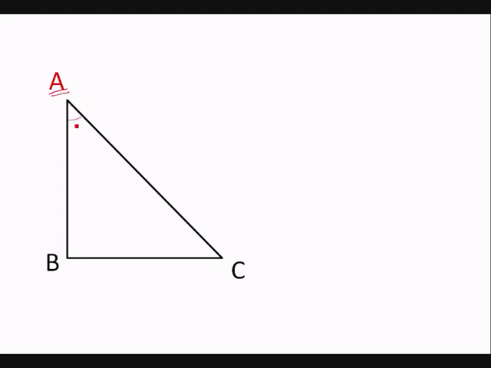If you consider this angle, which is angle A, and this side BC is opposite to the angle A, therefore this is opposite to angle A. And this is touching the angle, therefore this we call it as adjacent to angle A. And this AC is always the hypotenuse because it is opposite to 90 degrees. So this is how we name the sides of a right angle triangle when a particular angle is considered.